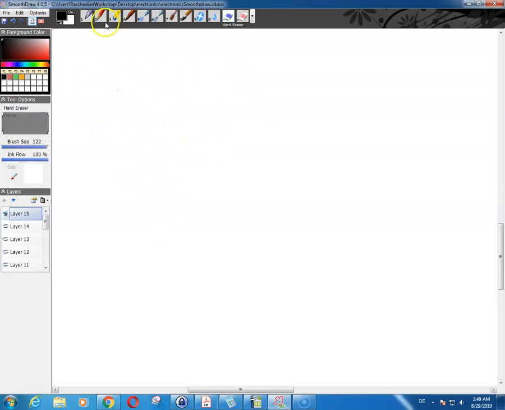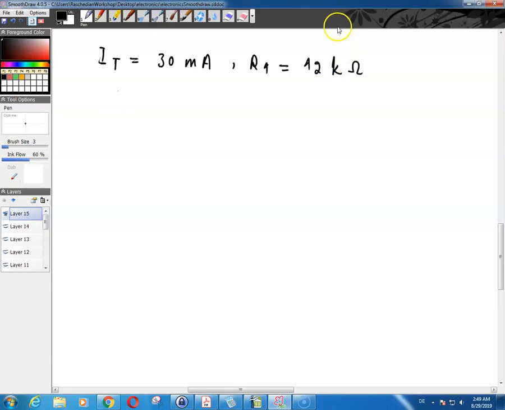So now suppose that I(t) is equal to 30 milliamps, R1 is equal to 12 kilo ohm, and R2 is equal to 6 kilo ohm.